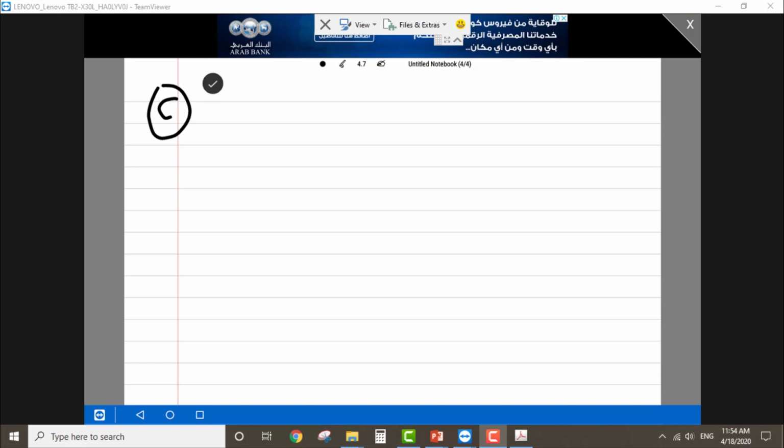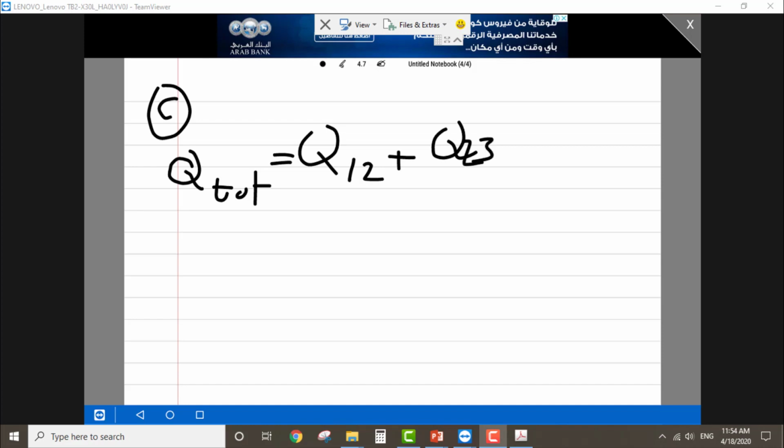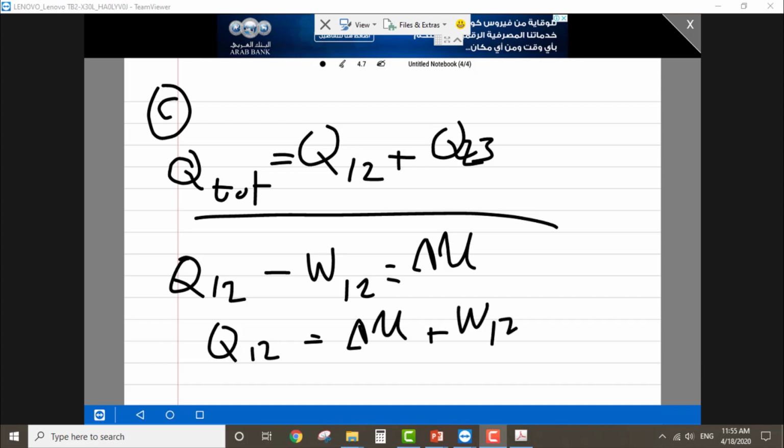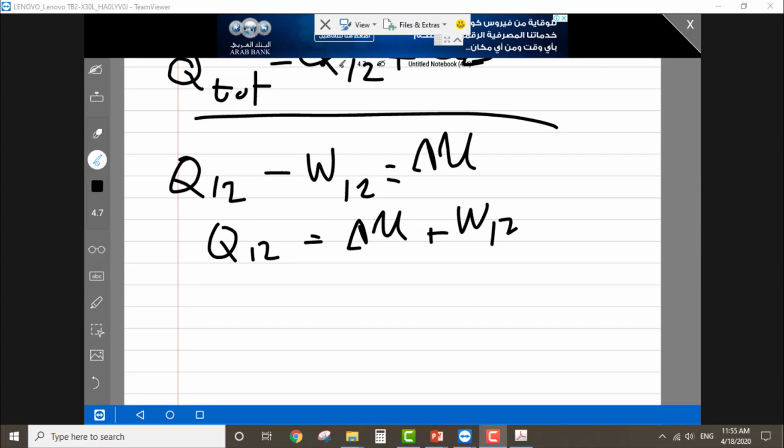Now the second requirement is to find Q. Find the total Q. So Q total or Q net, again, is equal to Q1-2 plus Q2-3. Now for Q1-2, I apply the first law: Q1-2 minus work 1-2 equals delta U. I write it in specific form. So Q1-2 equals delta U plus work 1-2, and delta U means U2 minus U1.